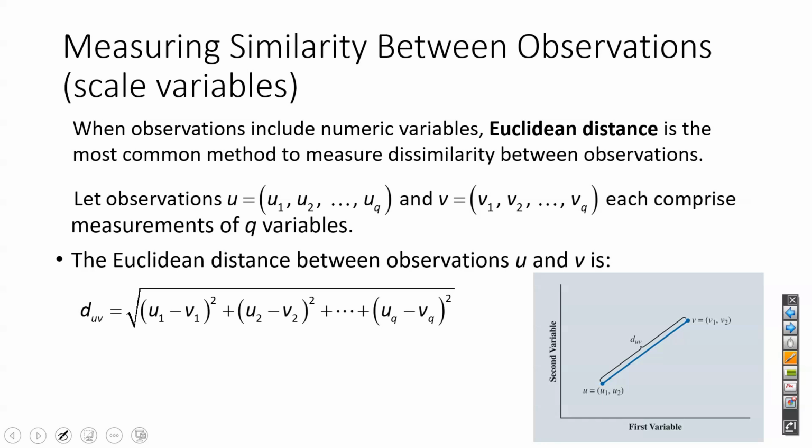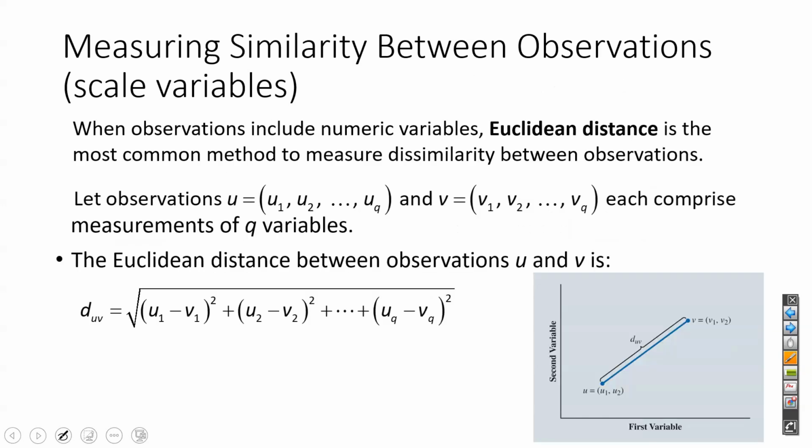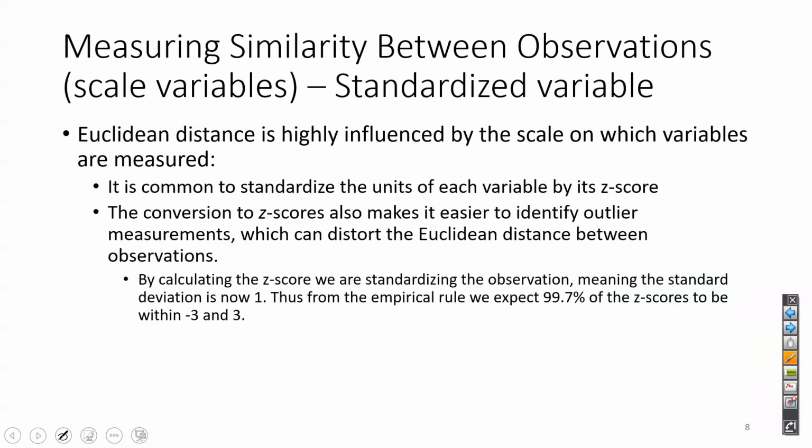But in SPSS, you can also choose different calculations depending on what you need. Obviously, when you are using a different way to calculate the distance, the outcome will be slightly different. Okay. Now, one issue with this way is that imagine when you have multiple variables, and those variables are using different scales. I will use age and income, for example. We know the minimum age is 0, right?